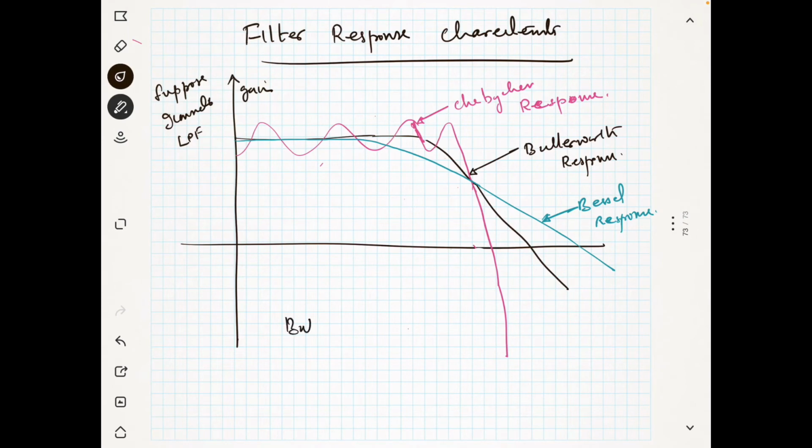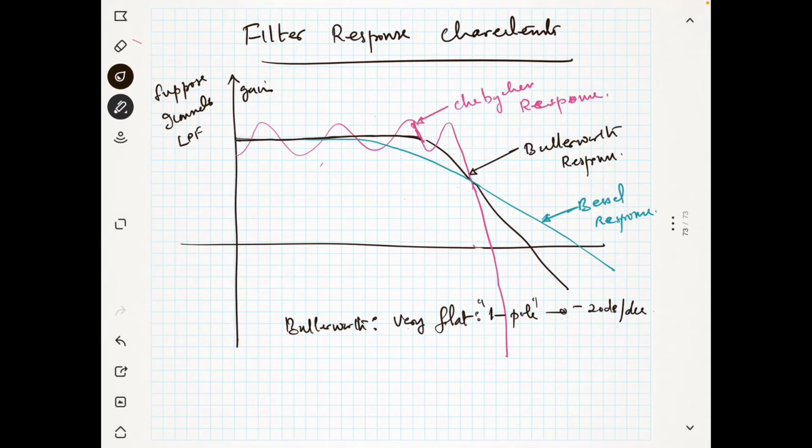The Butterworth characteristic is very flat in the pass band. One pole in a Butterworth response means a slope of minus 20 dB per decade.